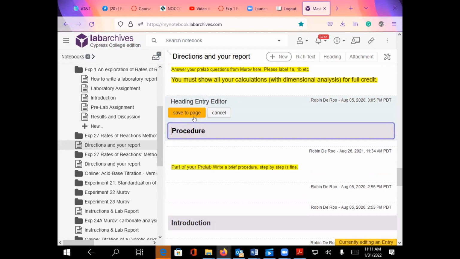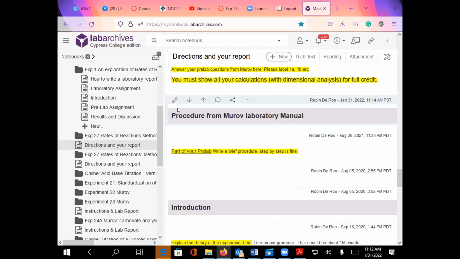Let me go ahead and make that clear. You can do bullet points, but it has to be that you could follow it. If it's too brief and you can't follow it, you're going to lose points.